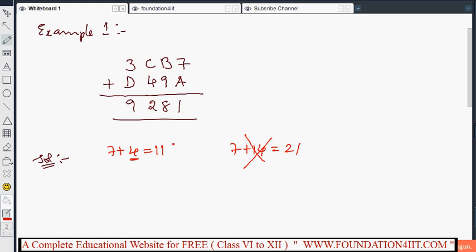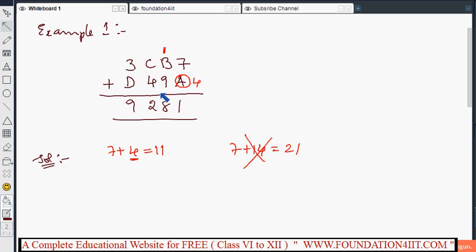So 7 plus 4 is equal to 11, so 1 is carried over. Now 1 is carried here. Now 1 plus B plus 9 is equal to 8. Now if you observe, this 8 is less than this 9, so we need to carry over one more.